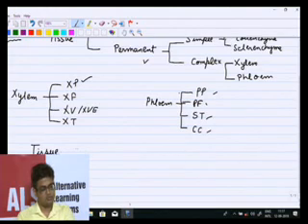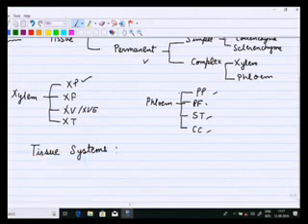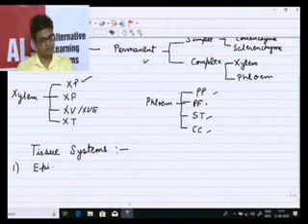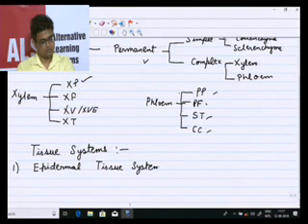Tissue systems are of three types. First is the epidermal tissue system. I believe we have done this also, so I hope you remember this. Then there is the ground tissue system.